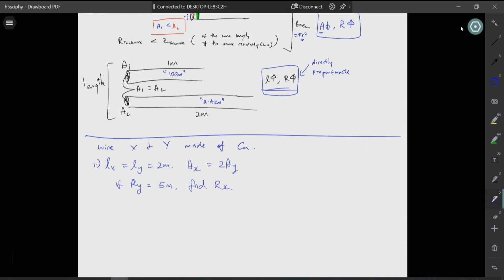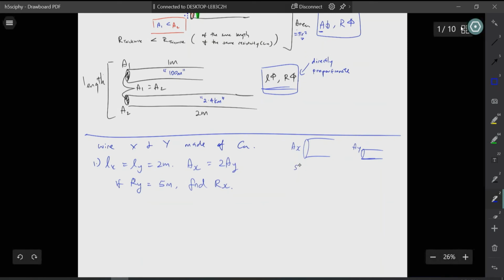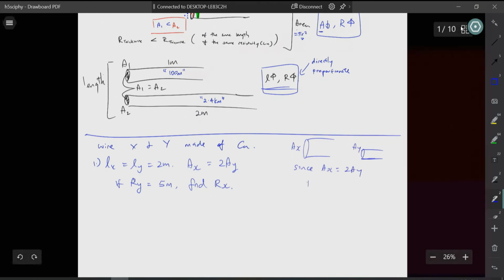So we can draw the diagram. Basically AX will look something like this. This is AX, and this is actually AY. Remember we say that area and resistance are inversely proportionate. Since AX equals 2AY, a factor of 2, Rx will be equal to 5 over 2.